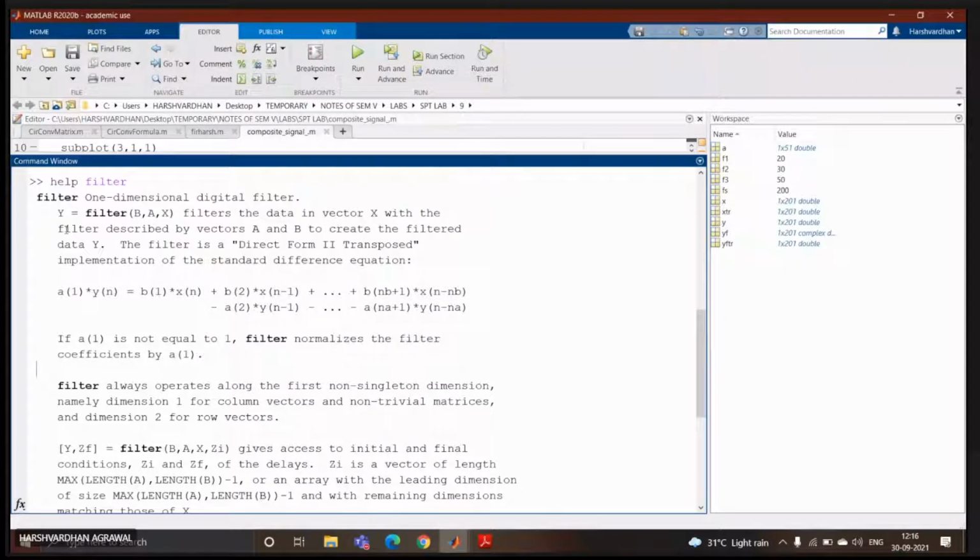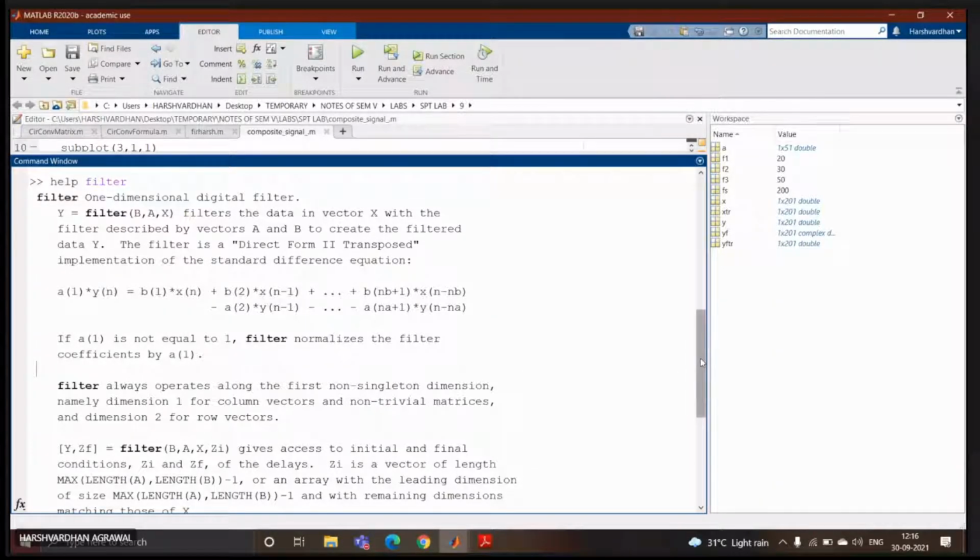The filter is a direct form II transposed implementation of the standard difference equation. If a(1) is not equal to 1, filter normalizes the filter coefficients by a(1). Filter always operates along the first non-singleton dimension, namely dimension 1 for column vectors and non-trivial matrices, and dimension 2 for row vectors.